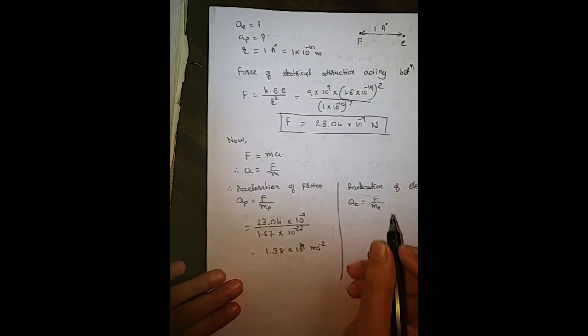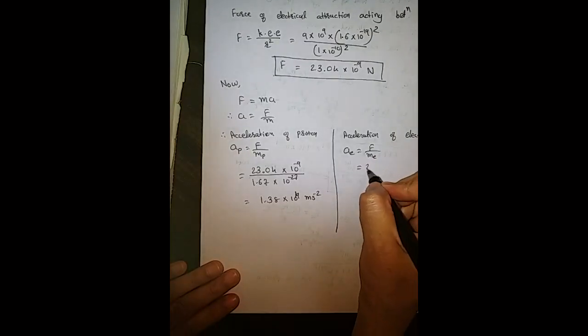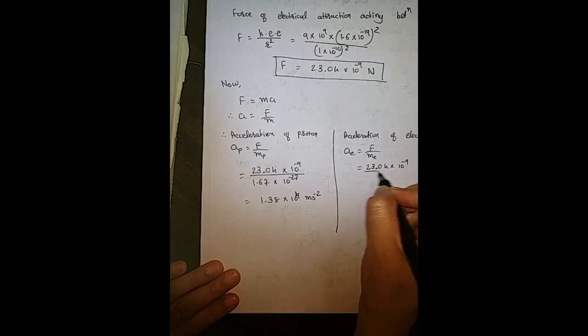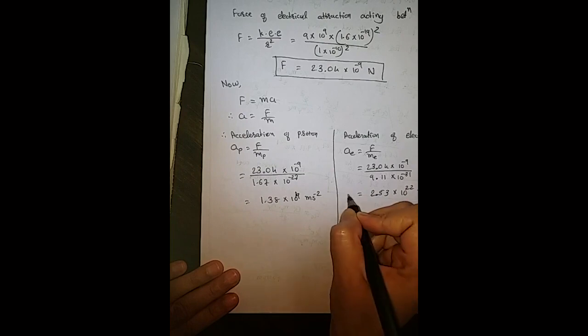And acceleration of electron: force is same, 23.04 × 10^-9 divided by mass of electron, that is 9.11 × 10^-31, which gives me 2.53 × 10^22 meter per second square.